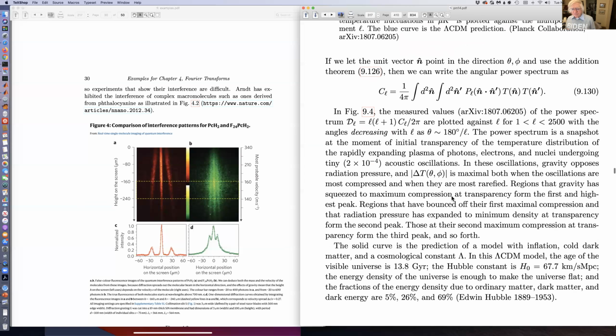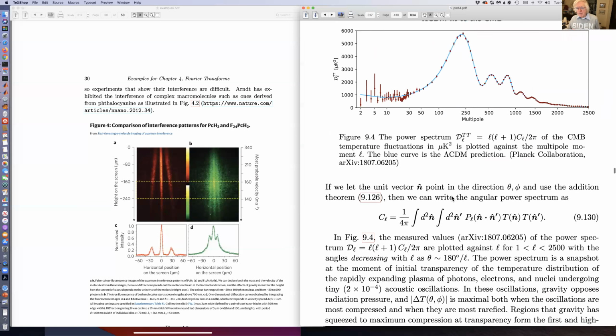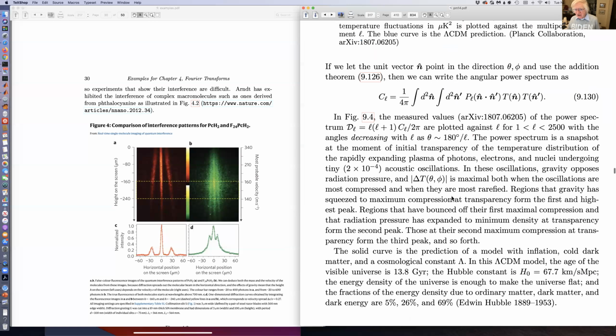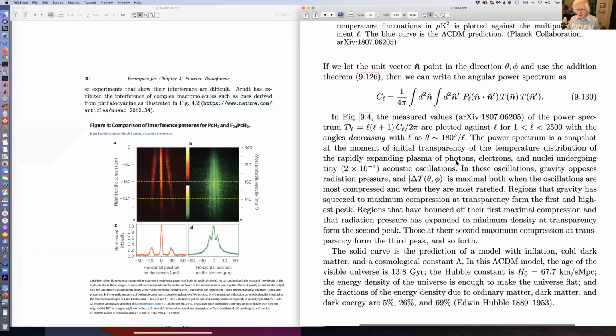And this power spectrum then is a snapshot at the moment of initial transparency of the temperature distribution of the rapidly expanding plasma, of photons, electrons, and nuclei undergoing tiny acoustic oscillations.